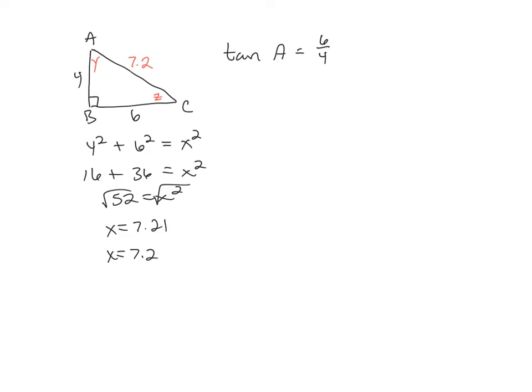So if you did 6 divided by 4, you'll get a decimal. And so really what you want to do is tangent inverse, and then you're going to want to have 6 over 4 in parentheses.